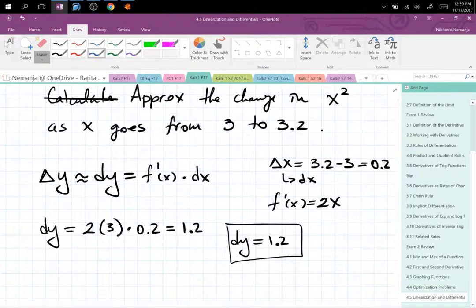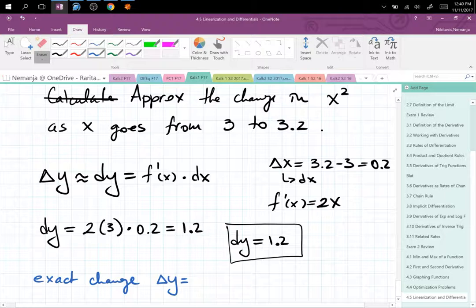Now let's check this. Exact change delta y is 3.2 squared minus 3 squared. Exact change is 1.24, and our approximated change, we did not use a calculator, is 1.2.